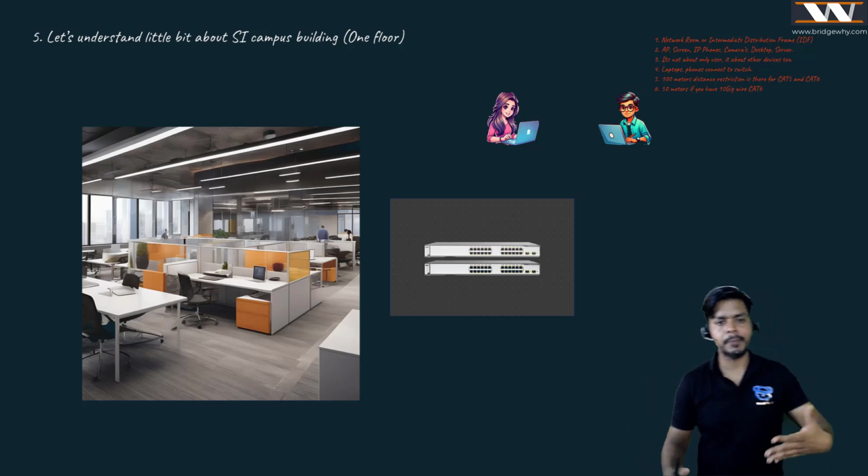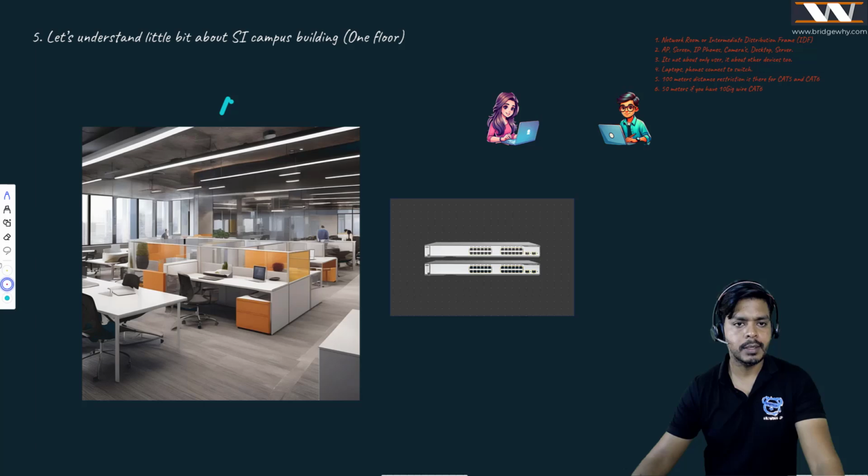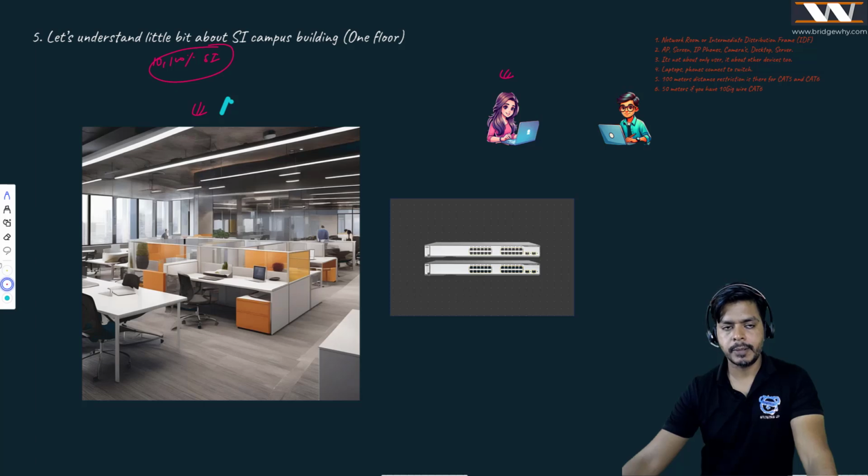For example, if I see this building right here, and this floor, and now I'm presuming that almost 10 to 100 employees, whatever we are talking about, of Sports India, are all on one specific floor. For example, they have taken the second floor for these 100 employees on rent. So we are seeing this second floor right here.